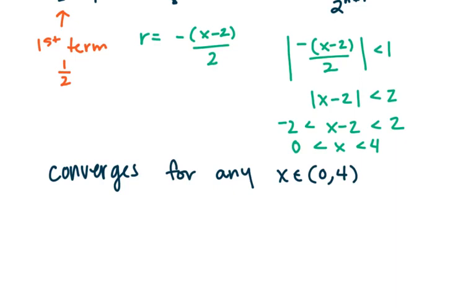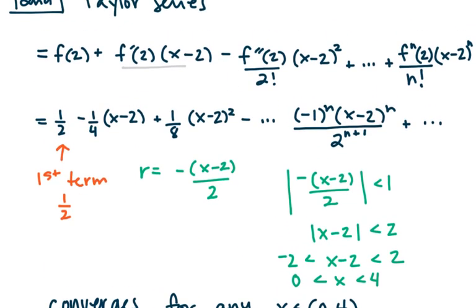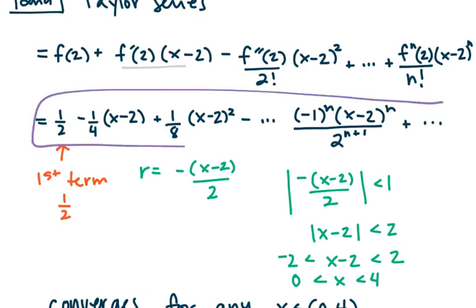And that sum is going to converge to the first term divided by 1 minus that common ratio, negative x minus 2 over 2. And if we simplify that, we end up with 1/x. So it converges to 1/x for any x value between 0 and 4. And my Taylor series polynomial is what I have circled here in this box.